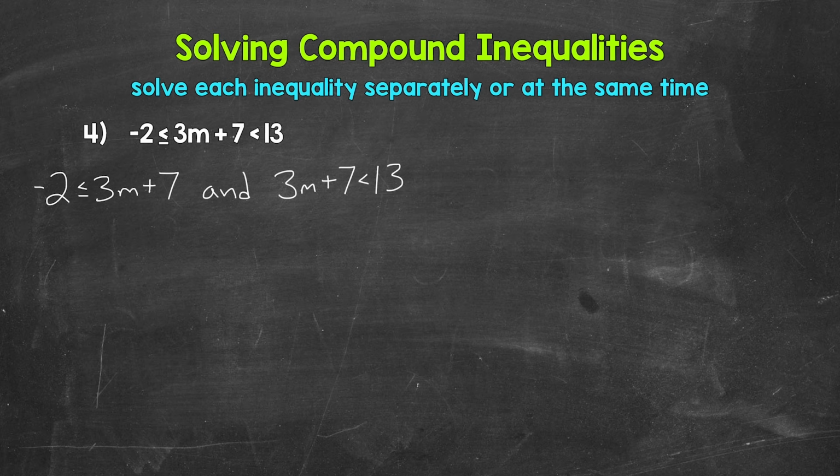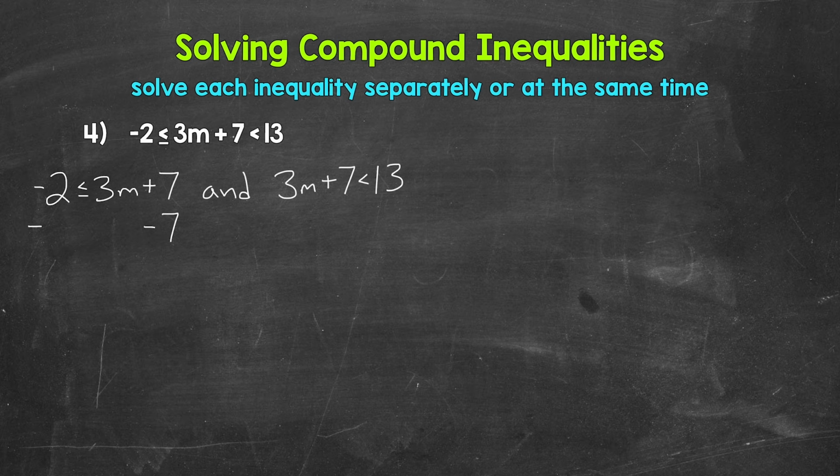Now, as far as negative 2 is less than or equal to 3m plus 7, we need to isolate m here. We have multiplication and addition. We need to undo the addition first using the inverse operation, subtraction. So let's subtract 7 from the right side.